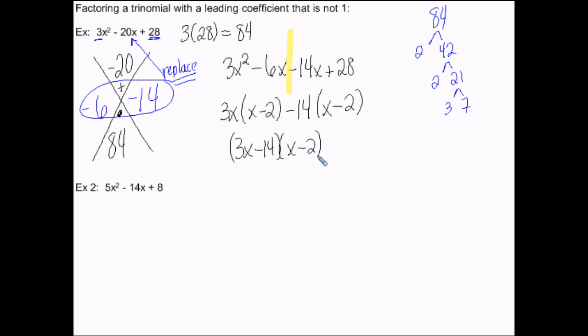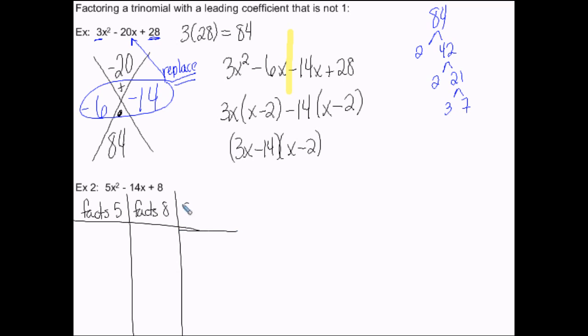The other method that they teach, we do factors of 5, factors of 8, and we want a sum of negative 14. And we have to do combinations. Factors of 5 is only going to give me 1 and 5.